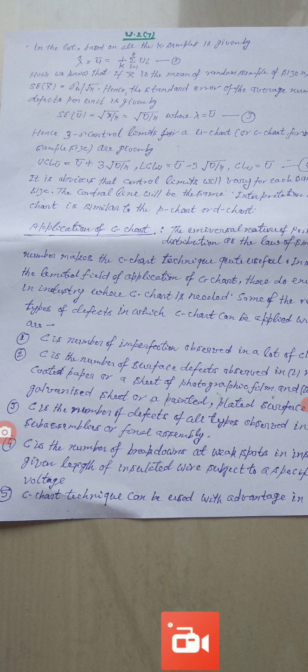Hence the standard error of the average number of defects per unit, that is the standard error of u bar, is equal to root of lambda upon n, which is equal to root of u bar by n, where lambda is equal to u bar.